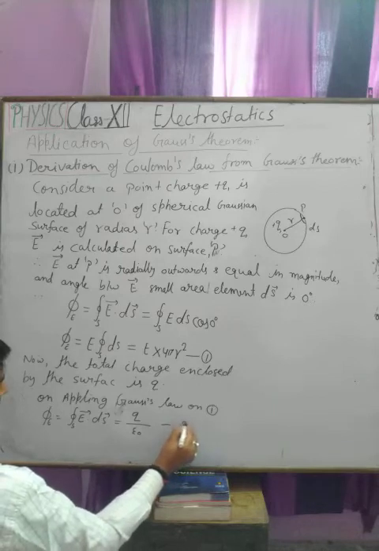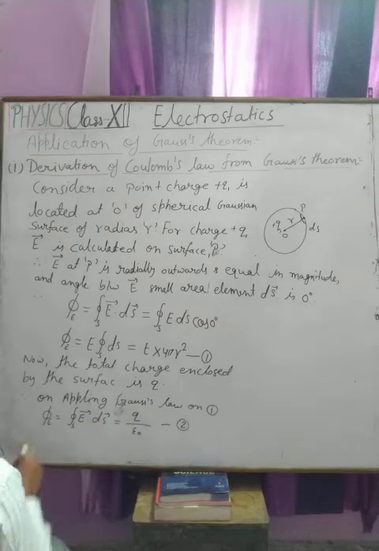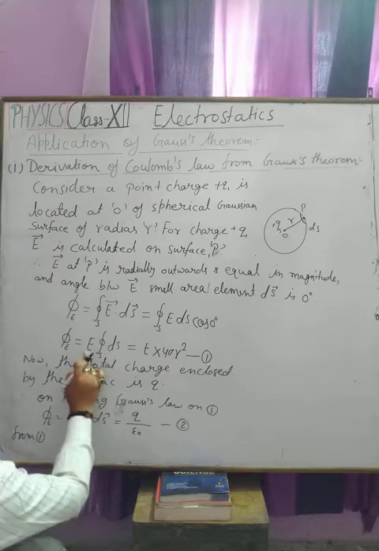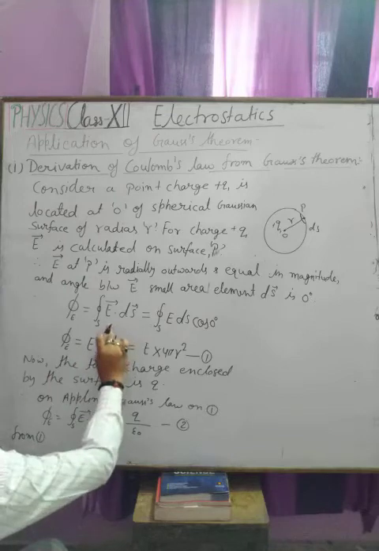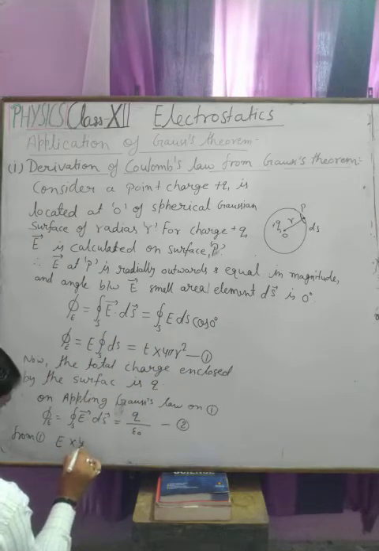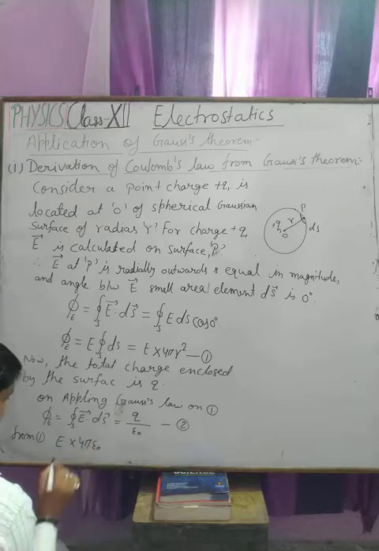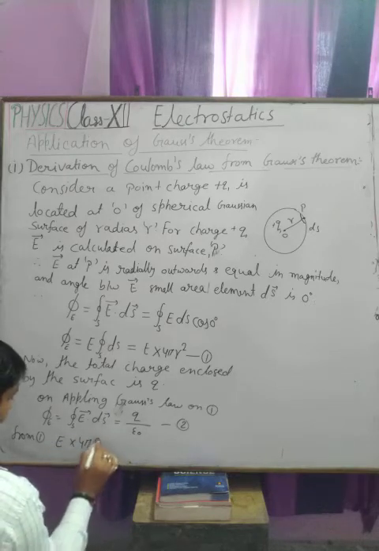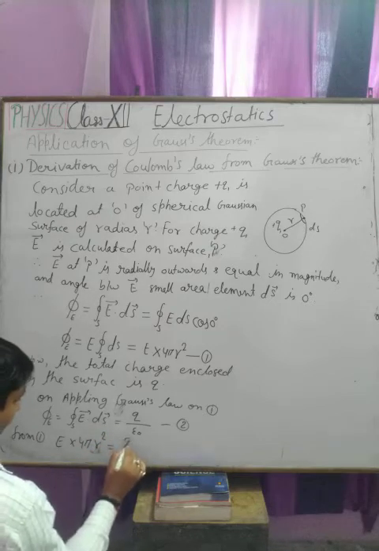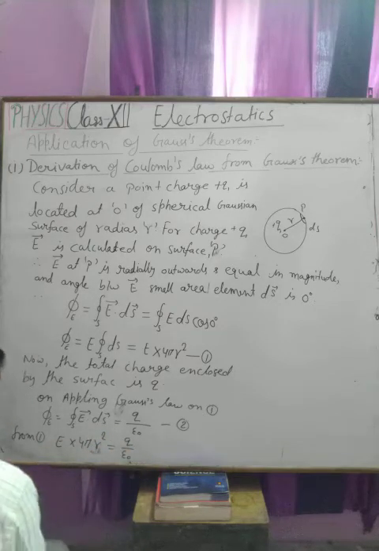This is equation second. Now, from first, the value of E dS is E into 4πr² equal to Q upon epsilon naught.